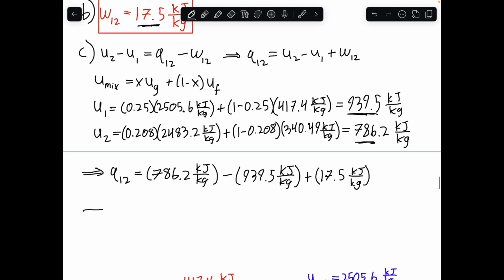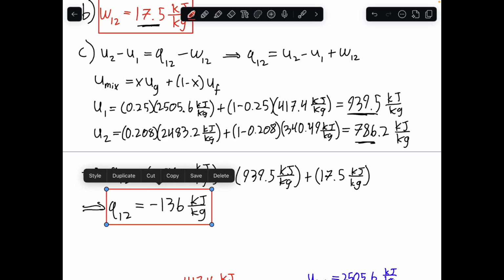And so if you just plug this into your calculator, you should get the total heat transfer from 1 to 2 is equal to negative 136 kilojoules per kilogram. So this will be our final answer here.